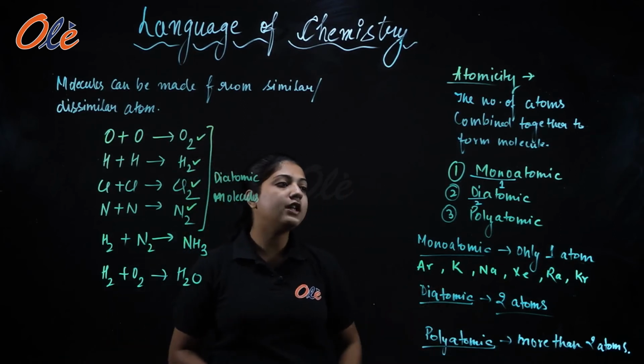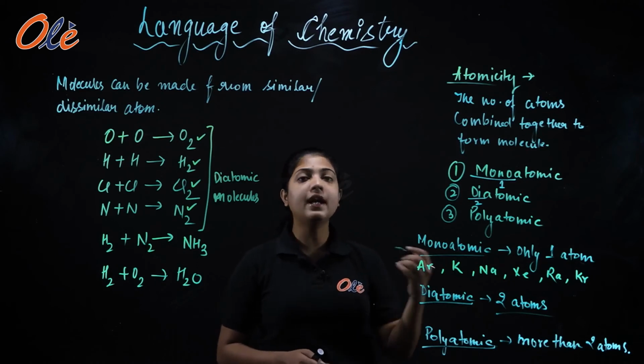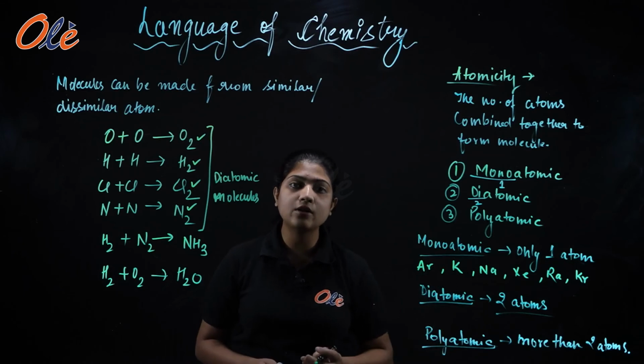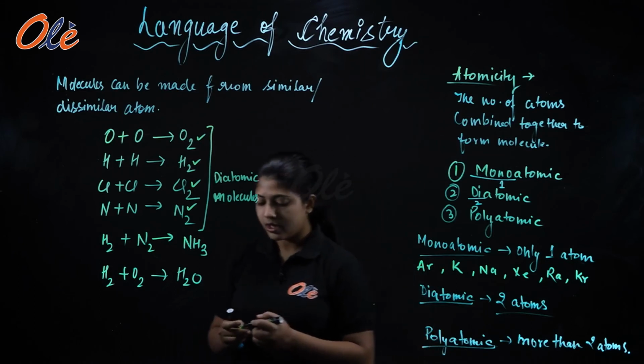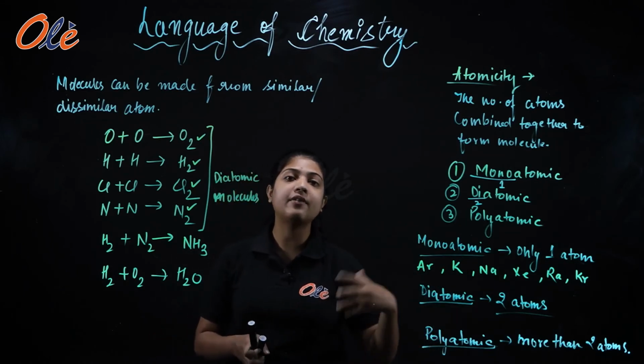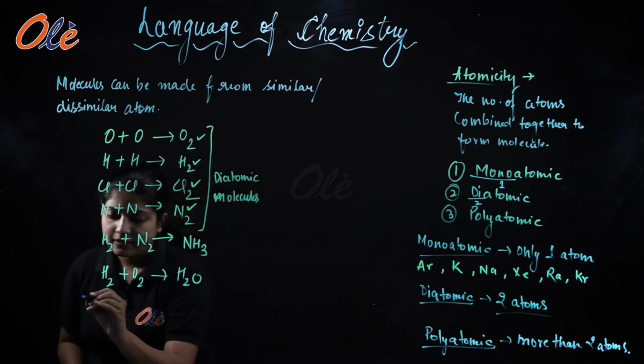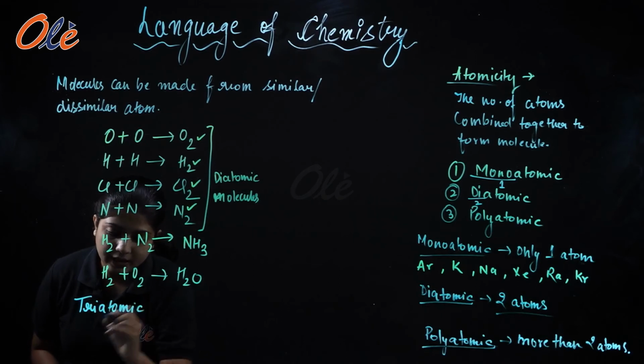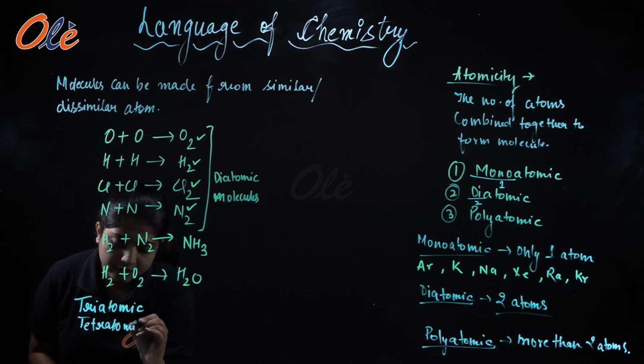Now, if we talk about the polyatomic one, in the polyatomic molecule there can be triatomic, tetraatomic, octatomic. So polyatomic molecules can further be classified as triatomic, tetraatomic and octatomic.